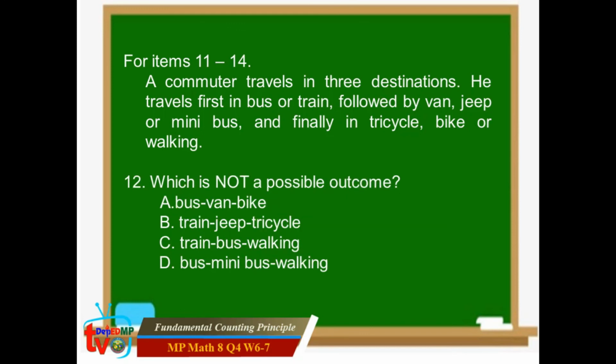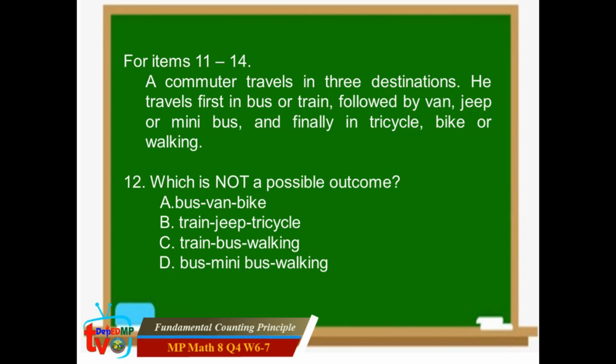12. Which is not a possible outcome? A. Bus, van, and bike. B. Train, jeep, and tricycle. C. Train, bus, and walking.